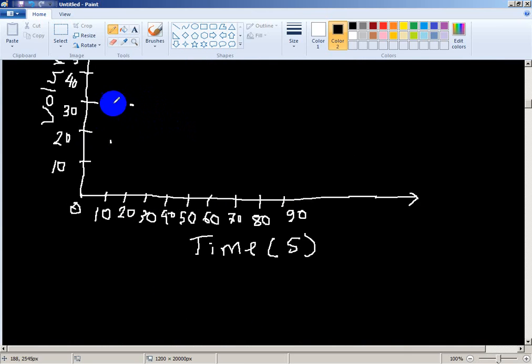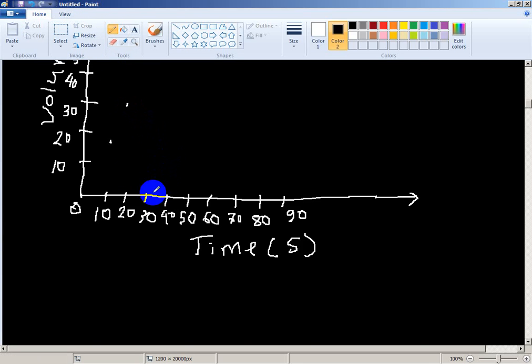This is point 2. And now when time is 30, what is the volume? This point should not be specific; it should be between 20 and 30. Okay.